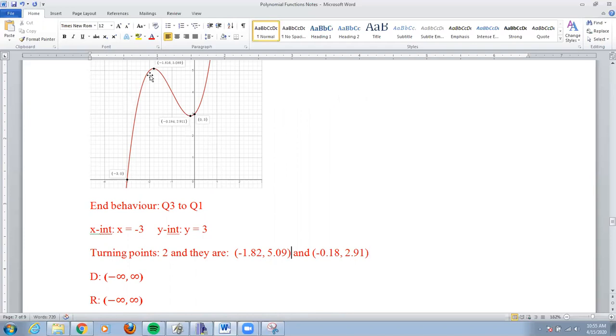Again, the first point is a relative maximum. And the second one would be the relative minimum.